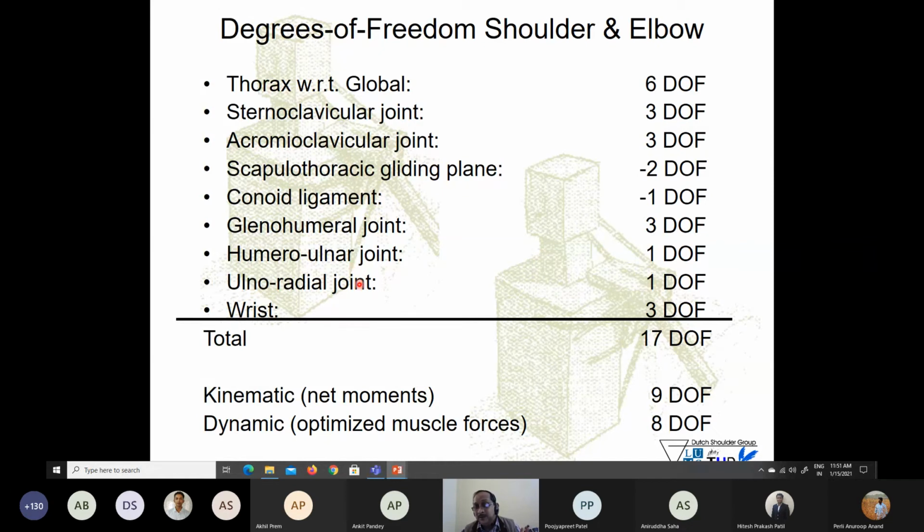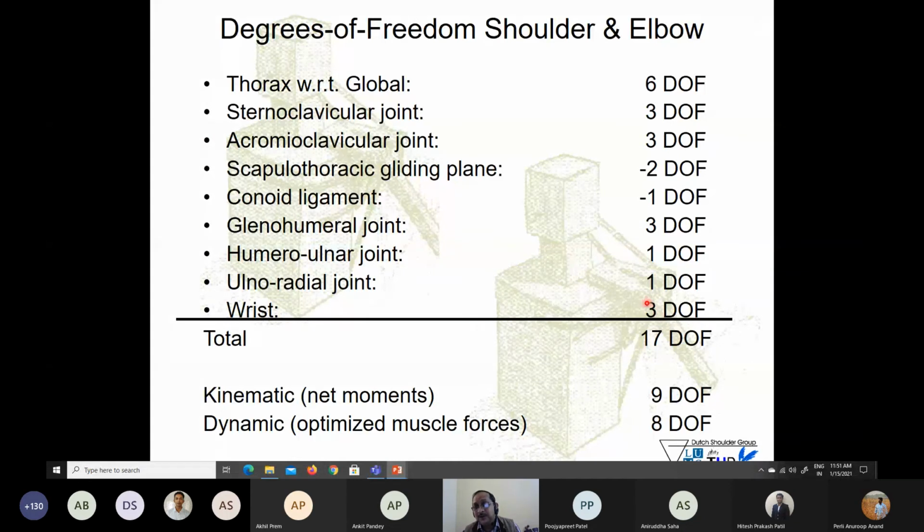elbow, now as I told you, the HU joint has 1 rotational degree of freedom. The UR joint also has 1 rotational degree of freedom. So we add 1 degree of freedom each, the contribution of the elbow joint. If you consider the wrist, it has 3 rotational degrees of freedom.